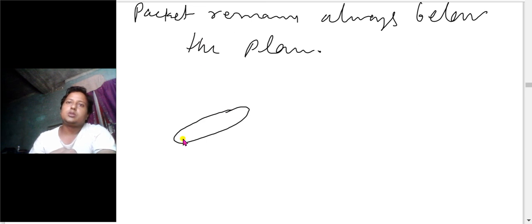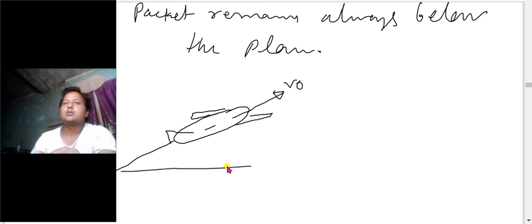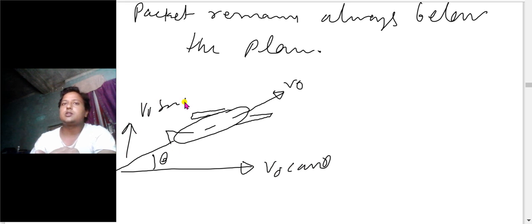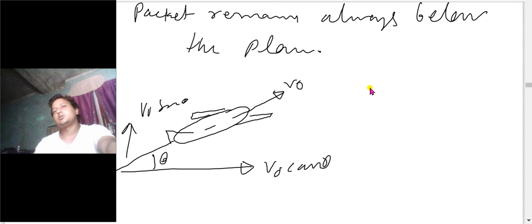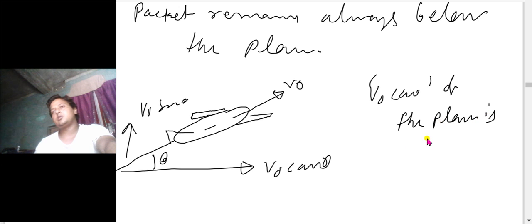If the plane is moving at some angle with a speed v0, if this angle is theta, this speed is v0 cos theta and this speed is v0 sin theta. So v0 cos theta of the plane is equal to v0 cos theta of the packet.